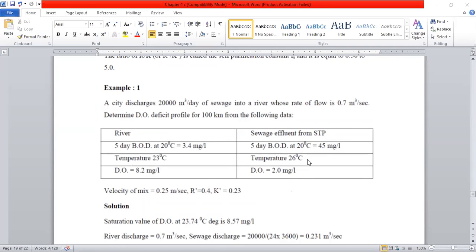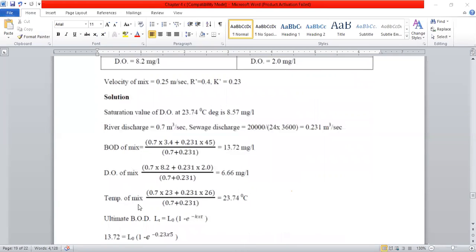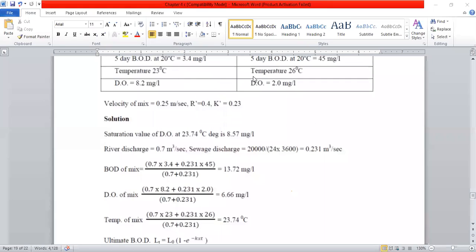So there is a temperature difference between two different liquids. So we determined the temperature mix, that is 23.74 degrees Celsius. That condition is at this respective temperature. So for this temperature, you need to find out R and K.